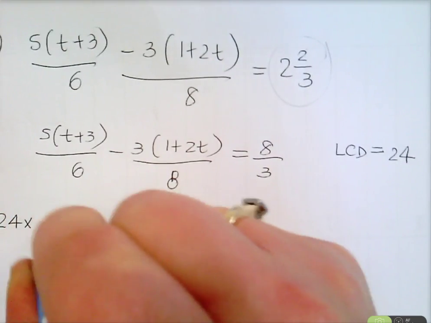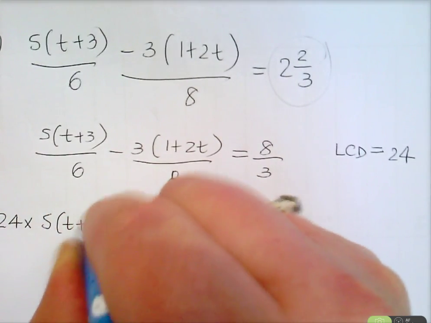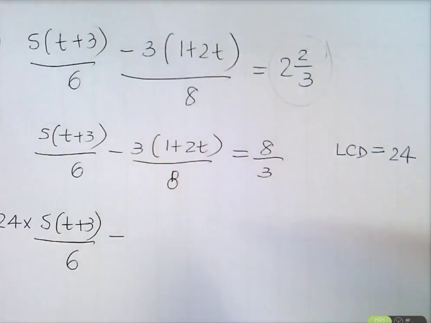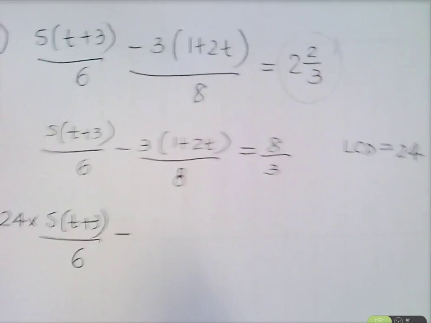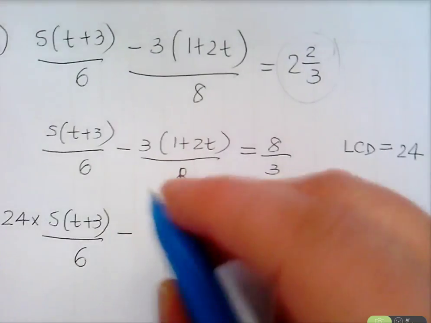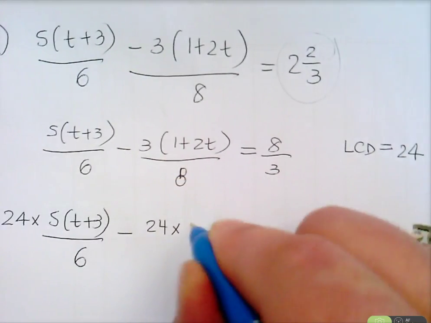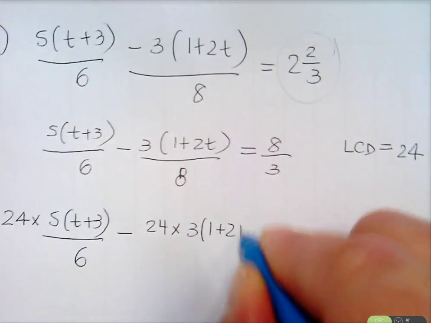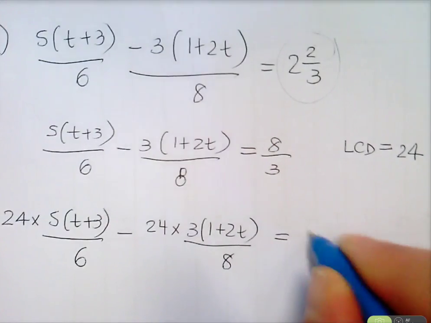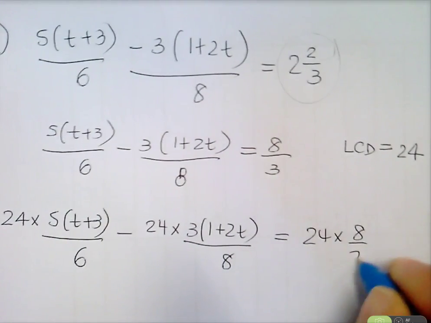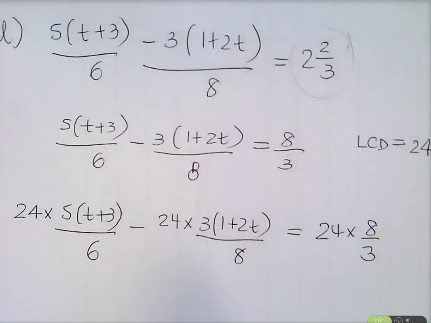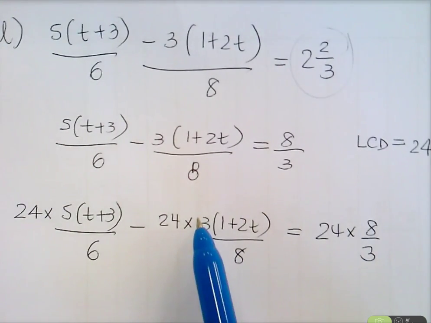So it's 24 times this 5 bracket t plus 3 over 6 minus, why am I putting a minus? Because it's minus all of this. So minus 24 times 3 bracket 1 plus 2t over 8 equals 24 times 8 over 3. Believe me, I'm multiplying the first thing by 24. Don't put plus 24 times negative 3.